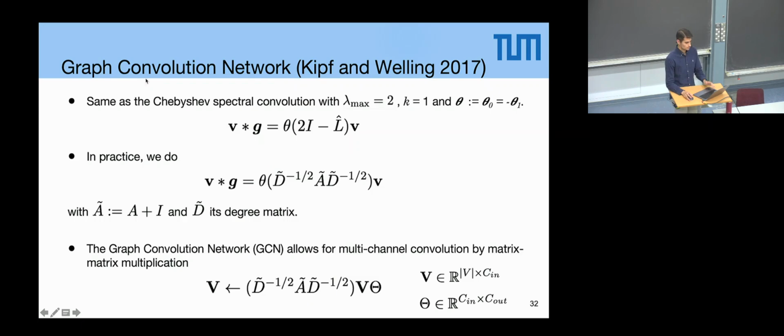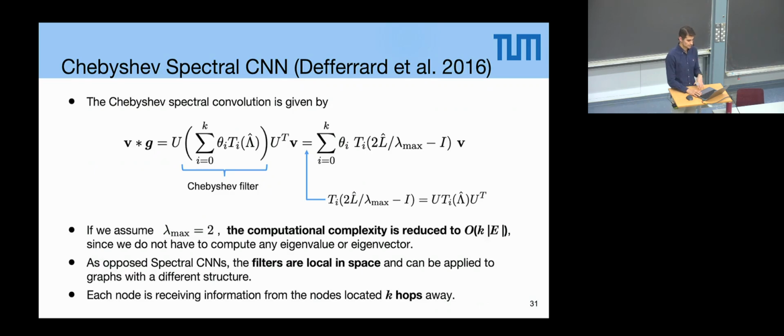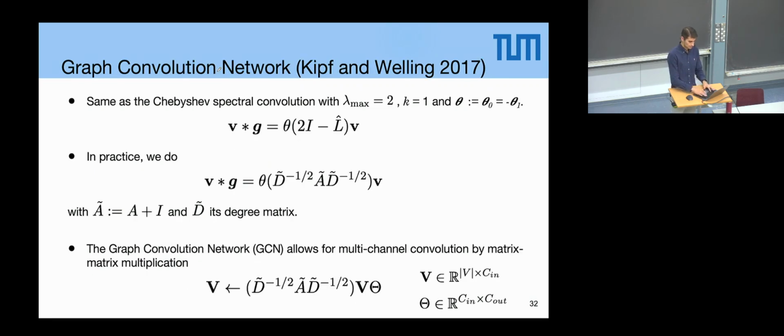Okay, now this graph convolution network is another simplification of the Chebyshev spectral CNN, and it's quite common if you read some papers, not about deep learning for physics, but more about citation networks, or even weather prediction, or some first papers considering GNNs for physics. You will see they use this kind of graph convolution.